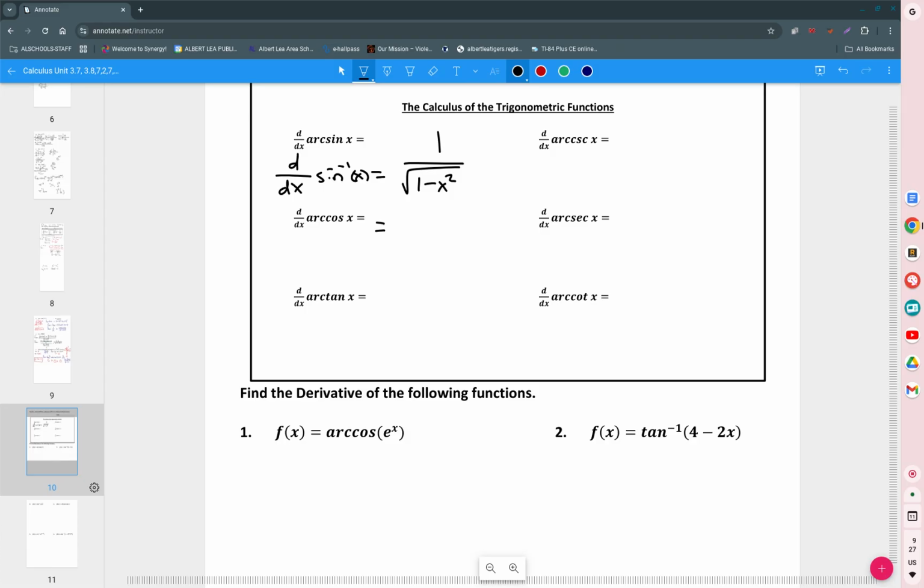Cosine is the same thing, it's just negative. The derivative of arctangent, or tangent inverse of x, is equal to 1 over 1 plus x squared. The derivative of arc cotangent, same thing, just negative.